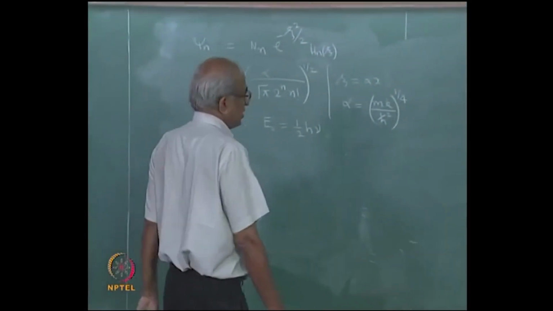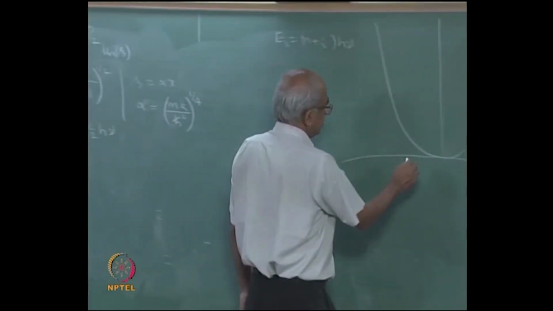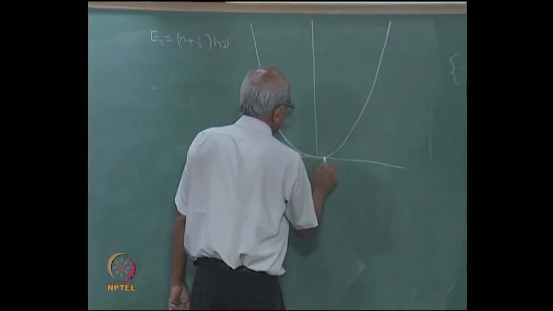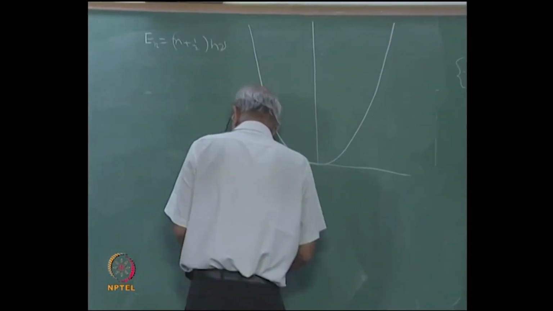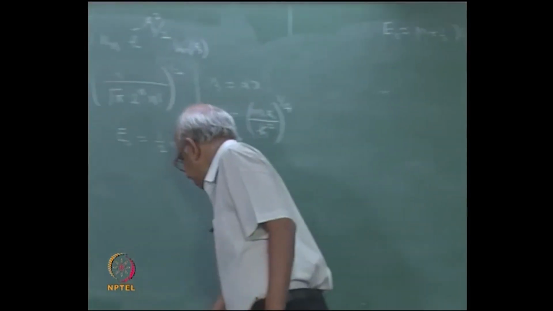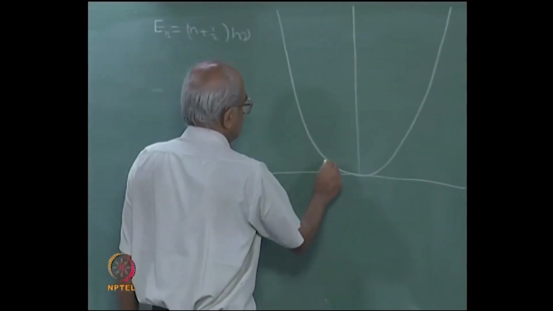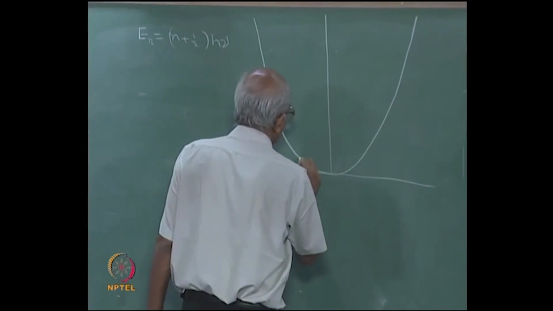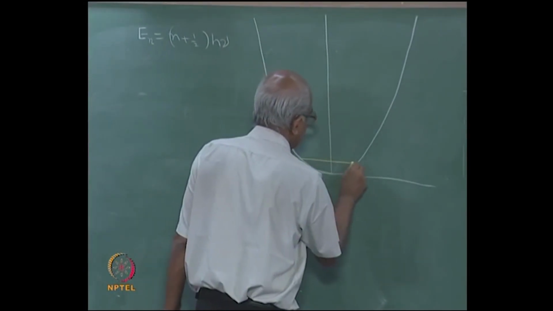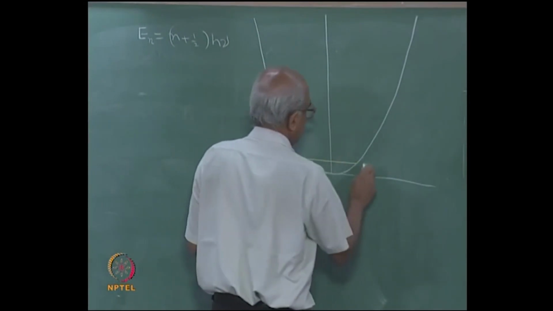So, that will be the state. Let me represent that in the figure. Here the energy is 0, but that is not possible. The first allowed energy level has n equal to 0, and I can probably represent it by this line. The energy is half h nu.